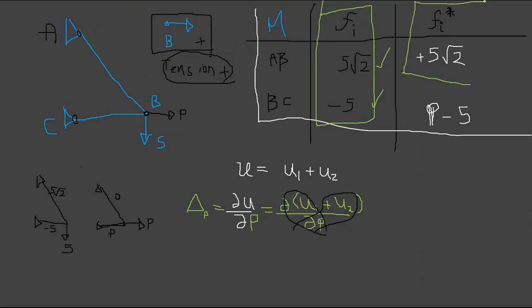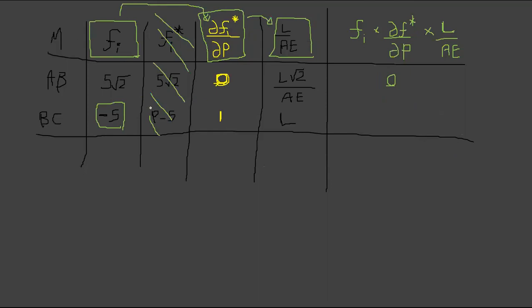These two are for the derivation purpose, right? Derivatives. You need to differentiate with respect to P and multiply it by the original force, right? Not these forces, okay? You multiply it by this and multiply it by this.